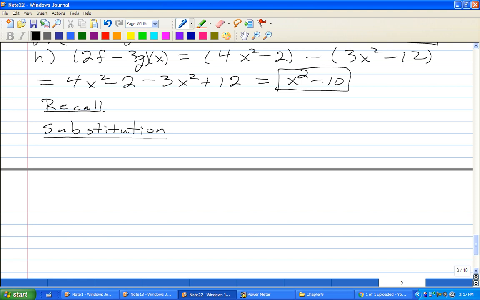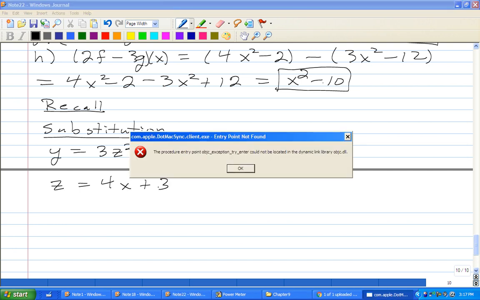So let's say that we have y equals 3z squared minus 7z plus 1. And let z equal 4x plus 3.